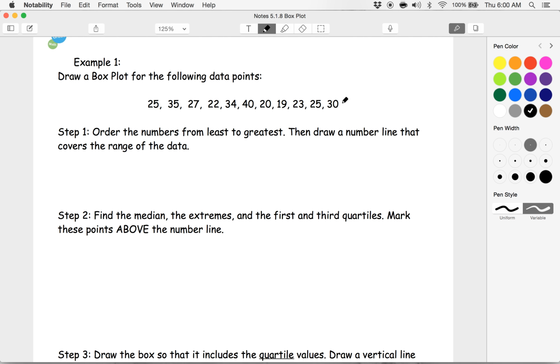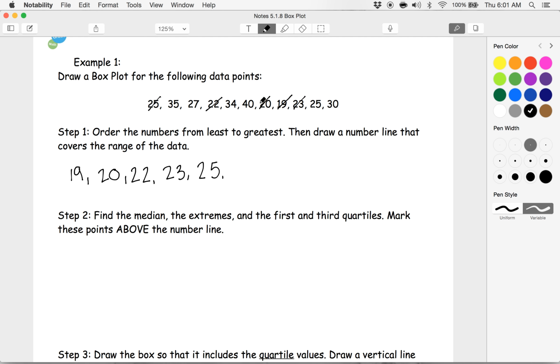So let's see, what's my smallest? All right, I think 19 is my smallest. Next is 20. Okay, after 20, it looks like I have 22. After 22, it looks like I'm going to do 23. Let's see, after 23, it looks like I've got a 25.